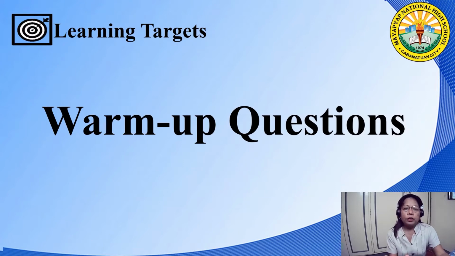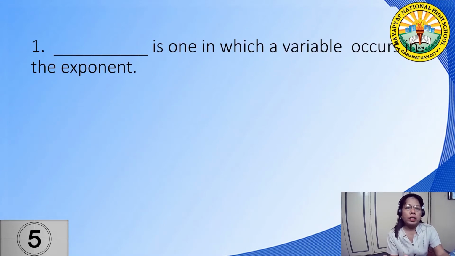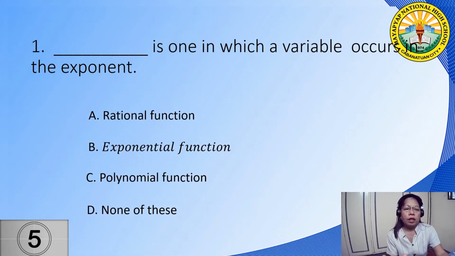Before the lesson, let us have some warm-up questions. Question number 1. Blank is one in which a variable occurs in the exponent. A. Rational function. B. Exponential function. C. Polynomial function.